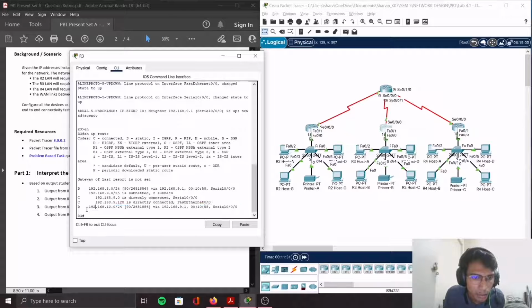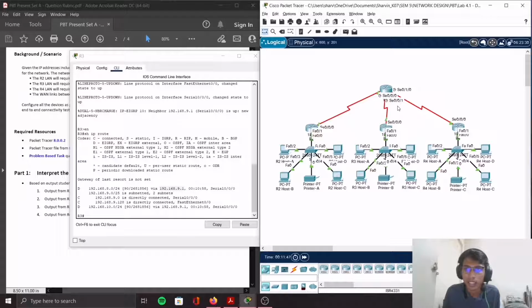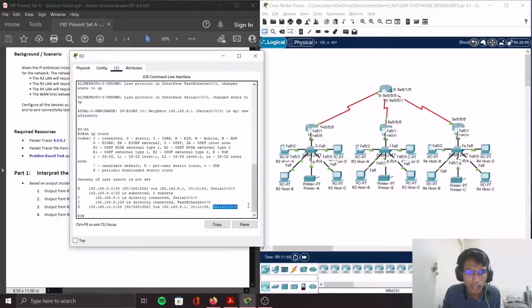Another EIGRP network is 192.168.10.0, the R1 to R4 connection. It uses the 192.168.9.0 IP, which is the address of serial interface 0/0/1 of R1, and uses serial interface 0/0/0 of R3.